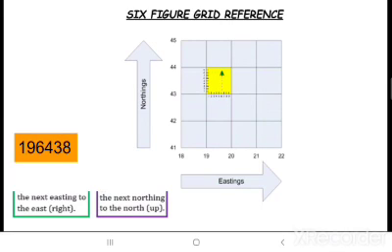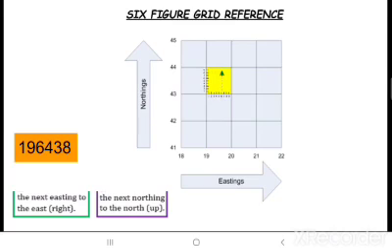Suppose this is the yellow shaded region which I want you all to mark, and this is the green dot over there. I need the 6-figure reference of that green dot. What you will do, you will first consider the eastings. In my easting it is 19, and when you do the sub pointing easting-wise, it is coming around 6.